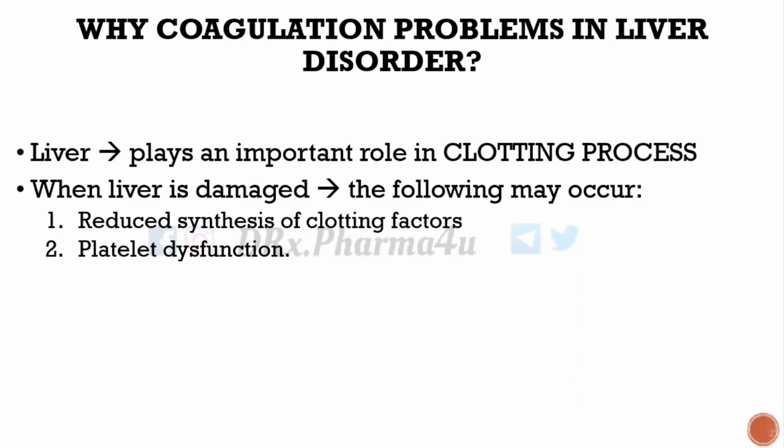So if clotting factors are not produced properly, then definitely you know what is the opposite of clotting, it is bleeding. And definitely platelets are also damaged. And if platelets are also damaged, you know the side effects of aspirin, clopidogrel, they are antiplatelets. So they cause bleeding as a side effect.